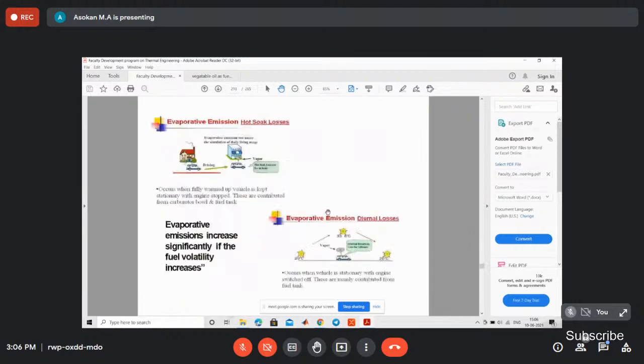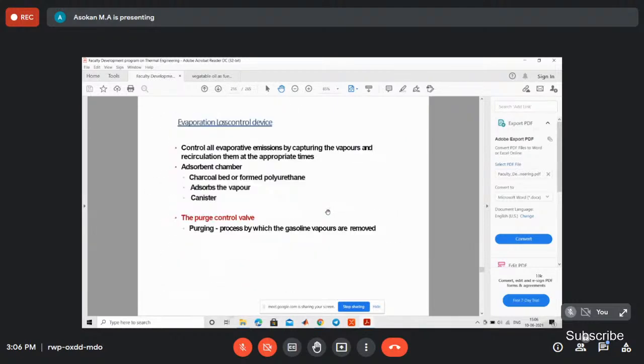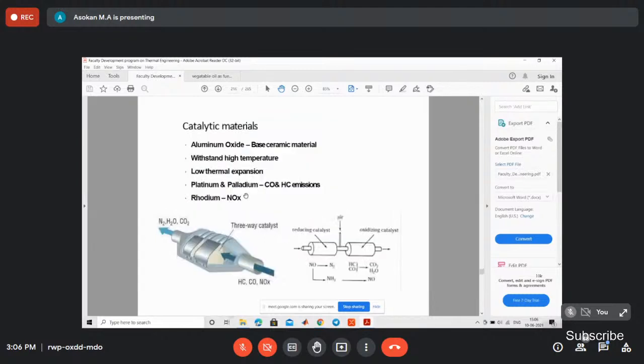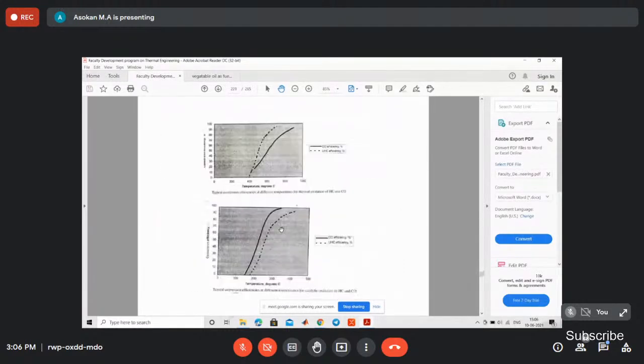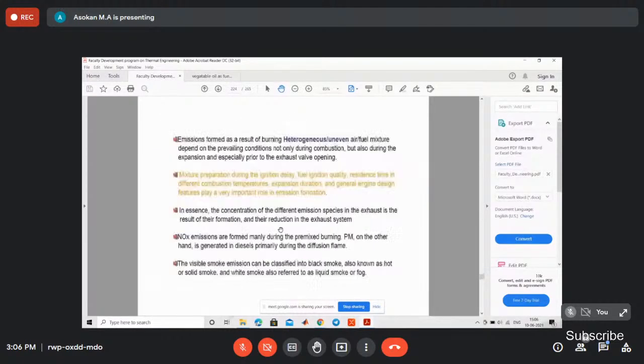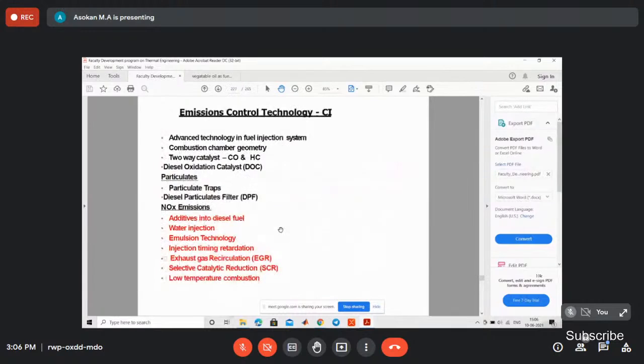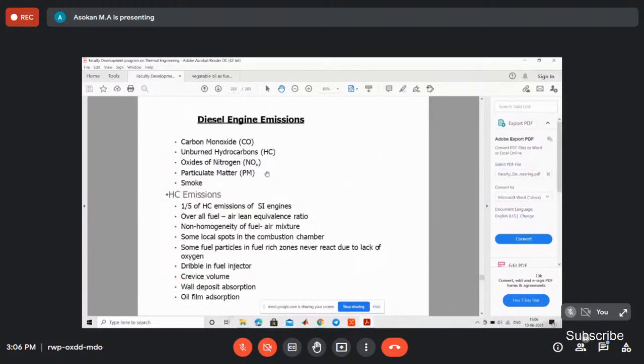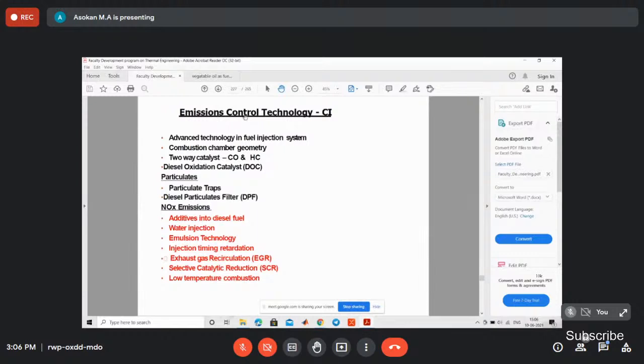Okay, and I can show you some results obtained from using catalytic converters to reduce the emission. Now emission control technology: some advanced fuel injection systems and particulate traps.